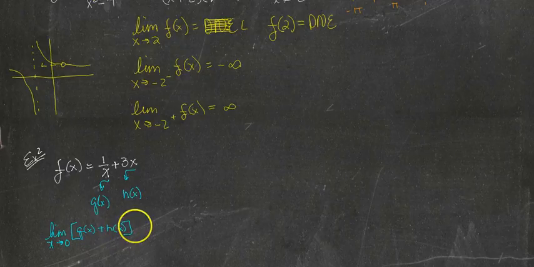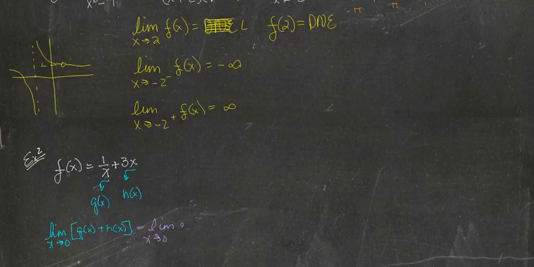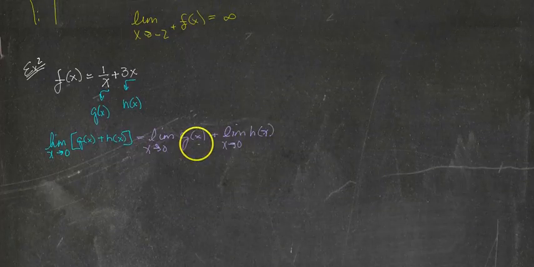Okay. Well, in this case, you can see that the limit, let's break it down, equals the limit as x values approach 0 of g of x, and we've seen this before, plus the limit as x values approach 0 of h of x. And so the limit of g of x at 0 equals infinity, right?